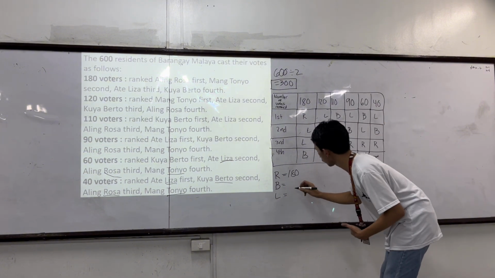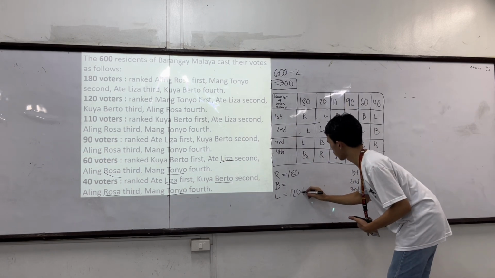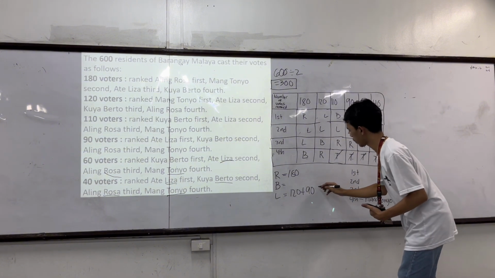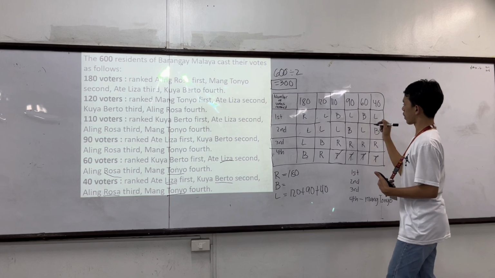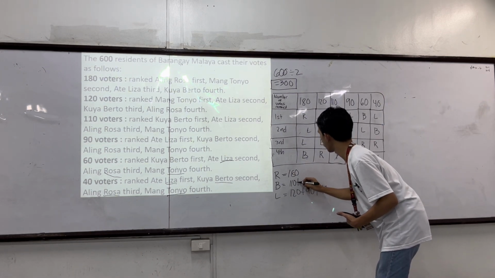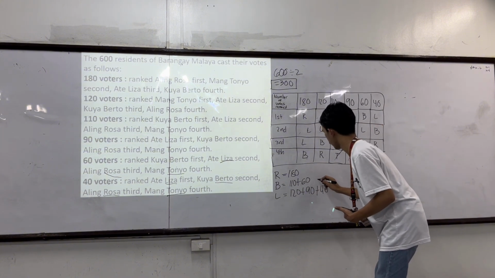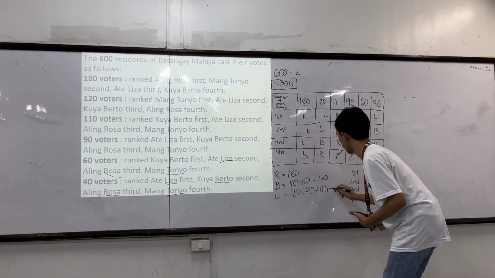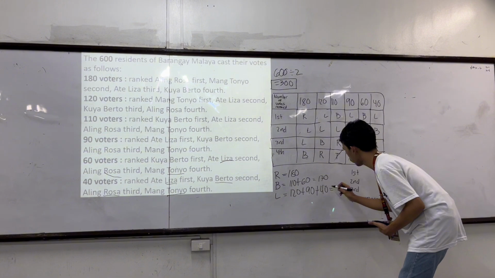Ate Liza got 120 plus 90 plus 40. And Kuya Berto got 110 plus 60, which is 170.